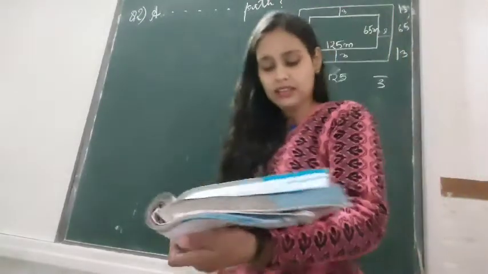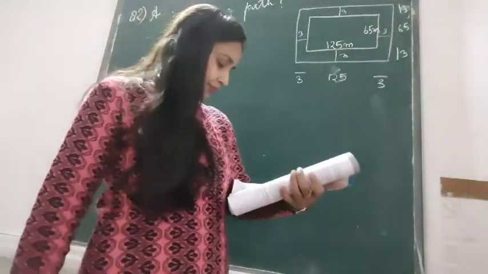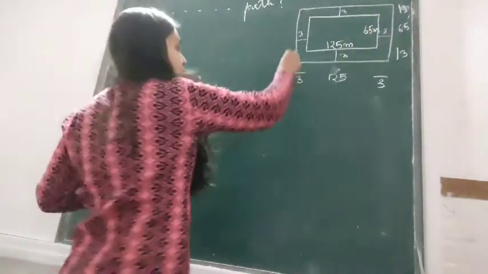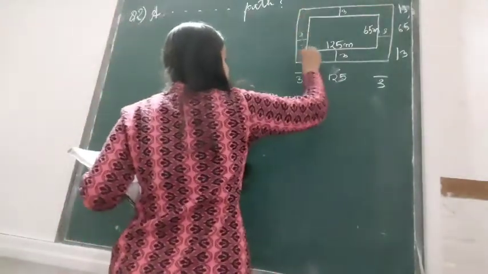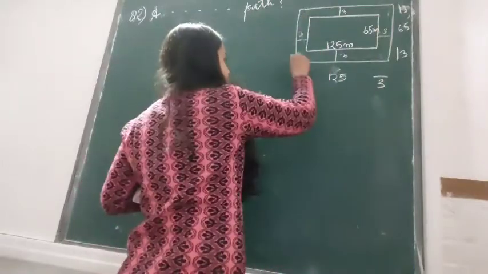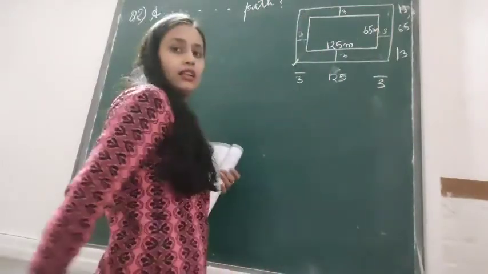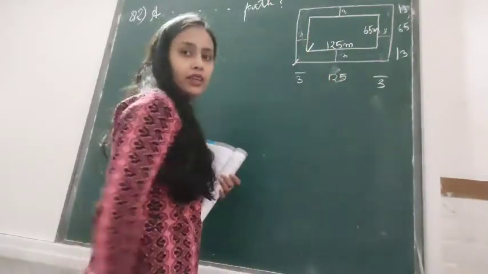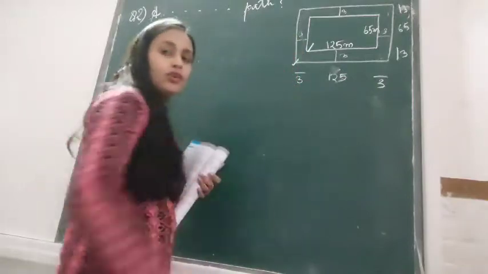Why? Because a new rectangle has formed. Now find the area of the path. So we need to find the area of the path. That means we have to find out this area. To find out this area, children, we need to know the area of this rectangle, then we need to know the area of this rectangle, and then we have to subtract the 2 rectangles.